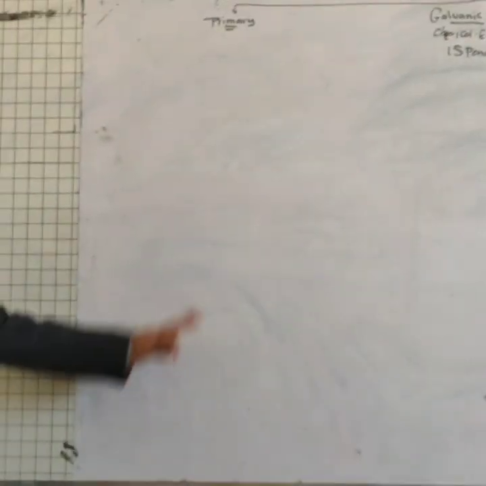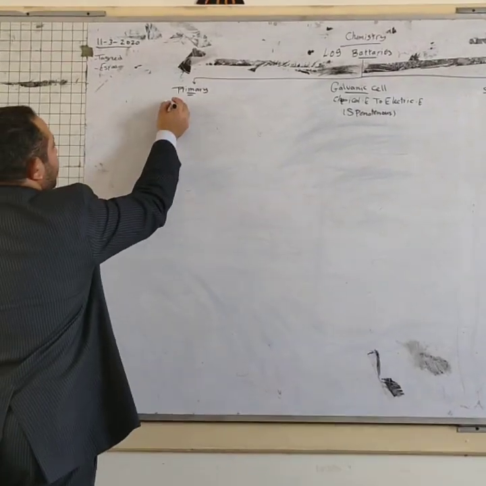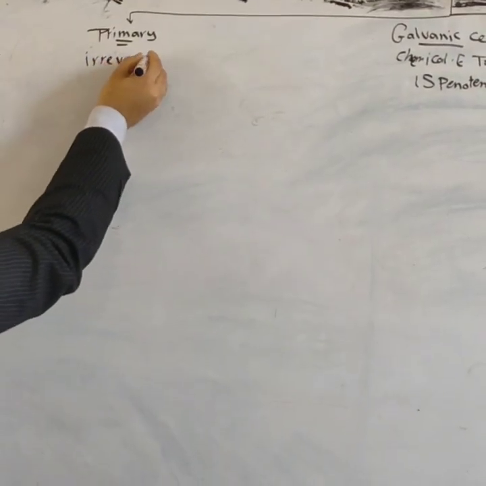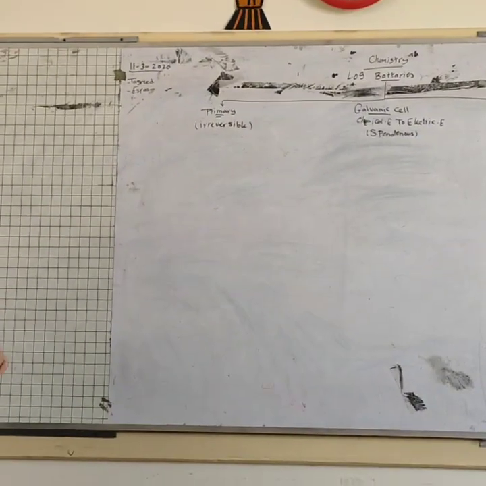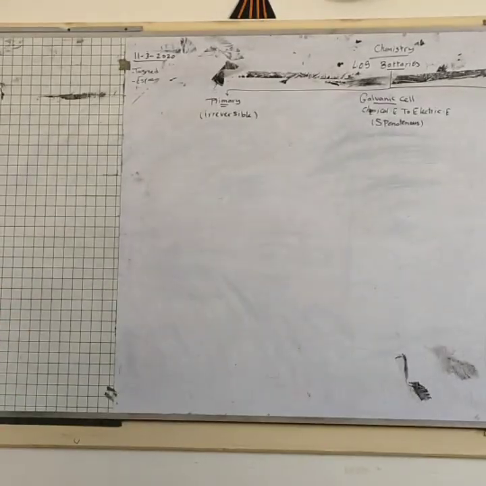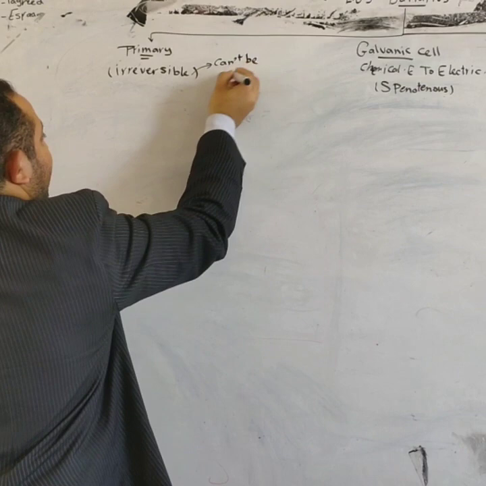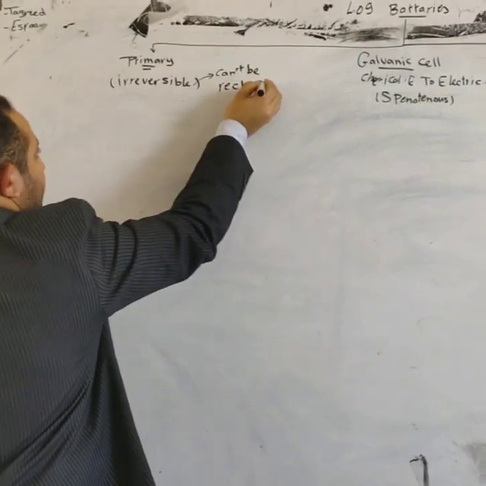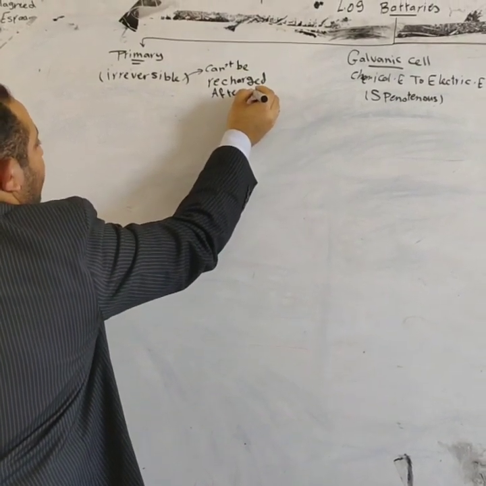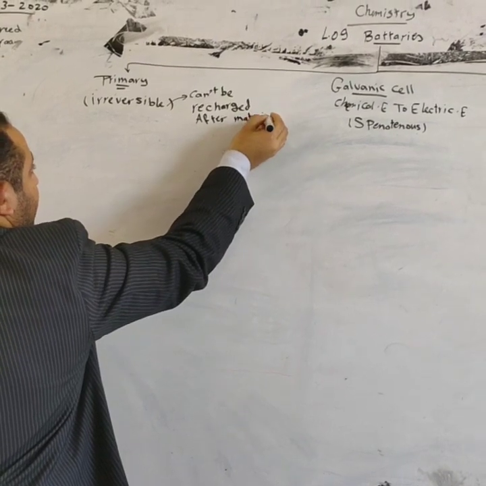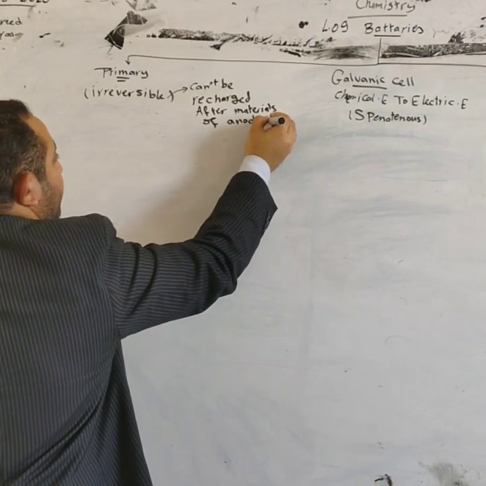So what is the main difference between the primary and the secondary? Primary is called irreversible. What's meant by irreversible? We can't recharge it after the material of the anode or cathode is consumed.